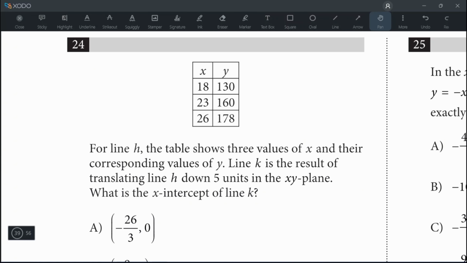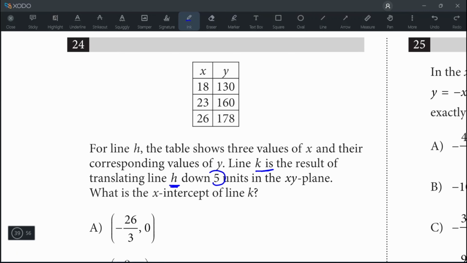For line h, the table shows 3 values of x and the corresponding values of y. Line k is a result of translating h down 5 units in the xy plane. What is the x-intercept of line k? So the first step here is finding the linear function of this data.